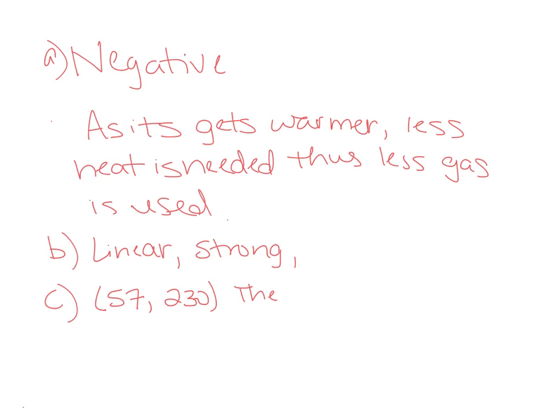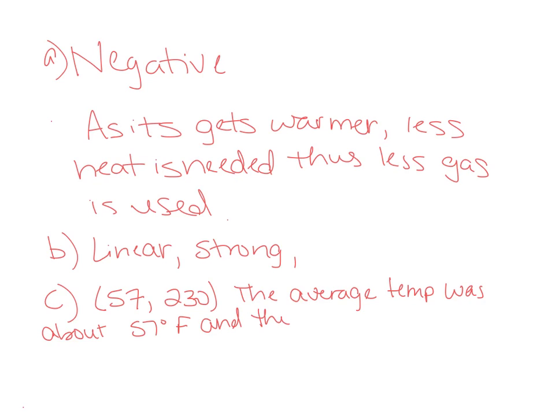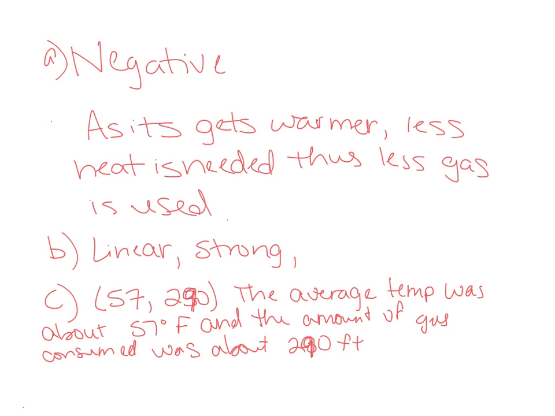That means that the average temperature was about 57 degrees Fahrenheit, and the amount of gas consumed was about 230, that might be more. Maybe it's like 290. It seems like it's a lot more than 230. 290 cubic feet.